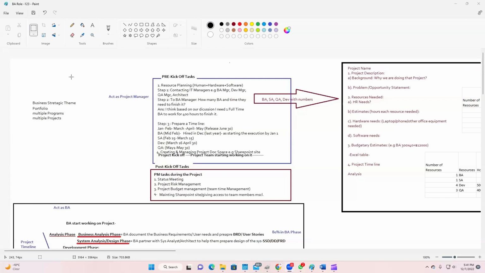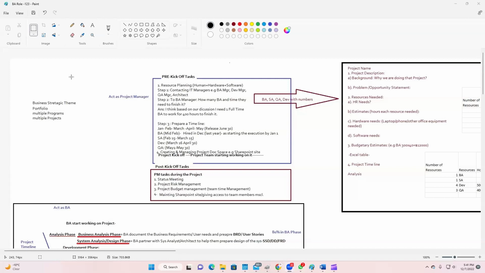They get an estimate from them in the form of hours, and based on that data they prepare their timeline. The timeline is prepared based on the project execution phases, whatever software development methodology they are using.